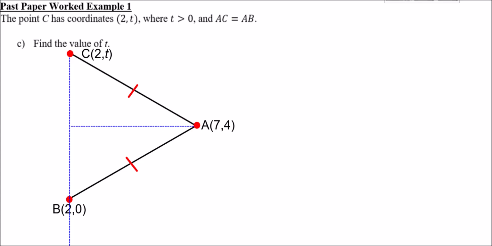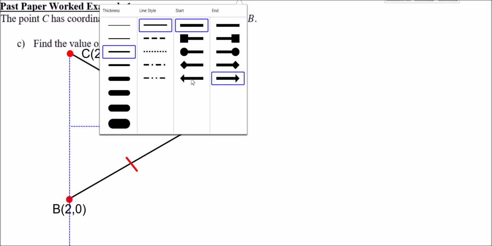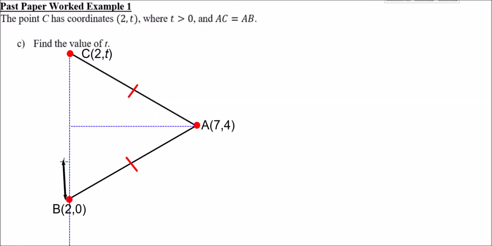And so let's just think about the distances between these points. So if we think about going from B up to this point here, the y-coordinate goes from 0 up to 4. And so this distance must be 4. And then by symmetry, or just thinking about it logically really, if that's 4, this has to be 4 as well, doesn't it?